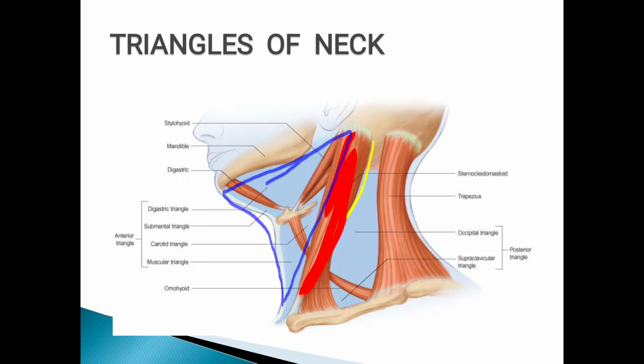This area, marked with yellow, is the posterior triangle. So the area marked with blue is the anterior triangle, the muscle marked with red is the sternocleidomastoid muscle, and the area posteriorly marked with yellow is the posterior triangle.